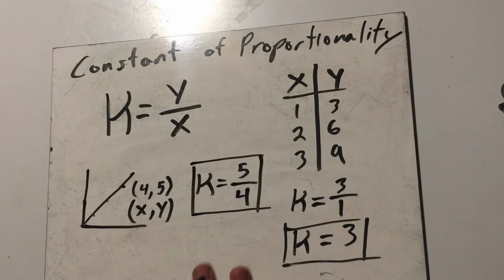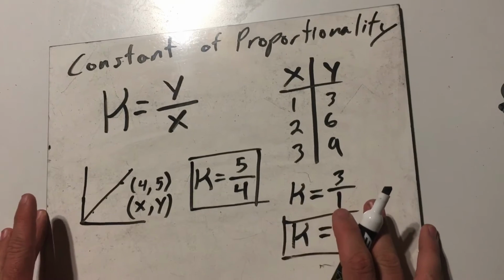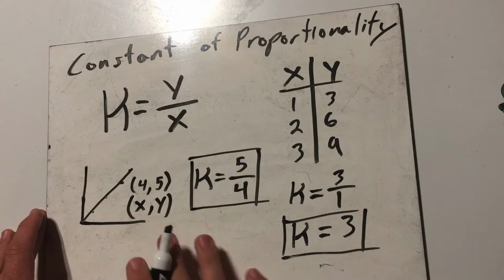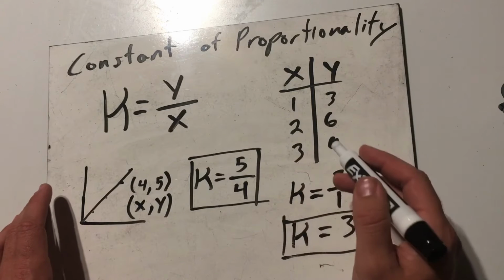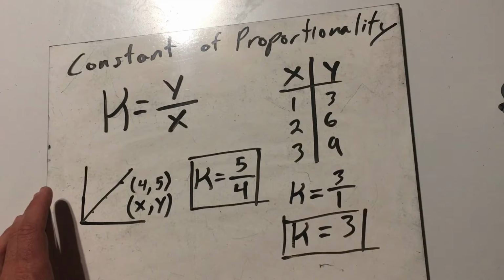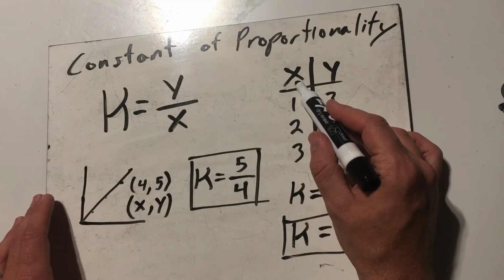And I can stop. So the only trick here is when they don't give you y and x explicitly, and you have to figure out which one is x and which one's y. And for that, I would challenge you to determine which is your independent and which is your dependent variable, right?